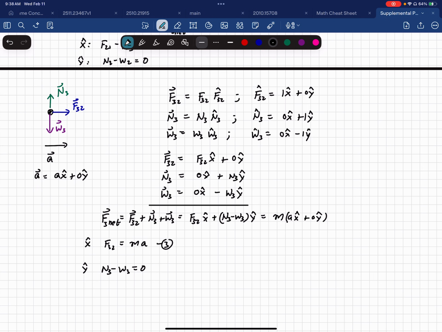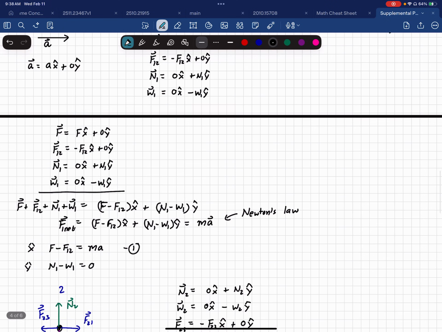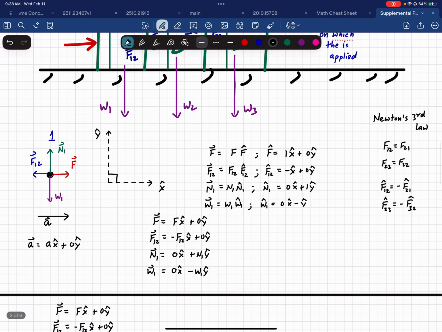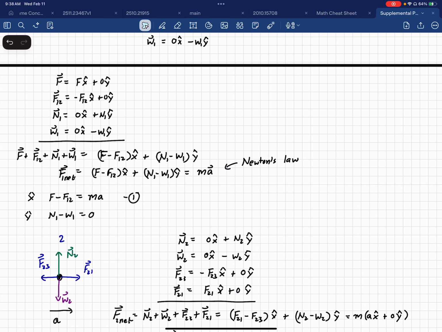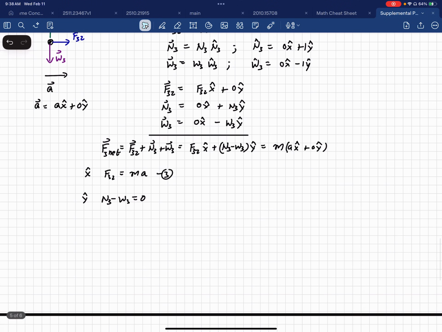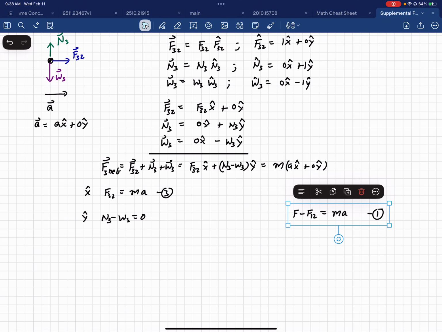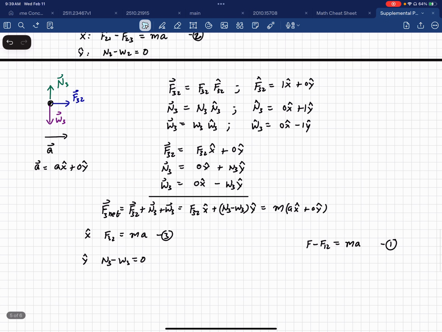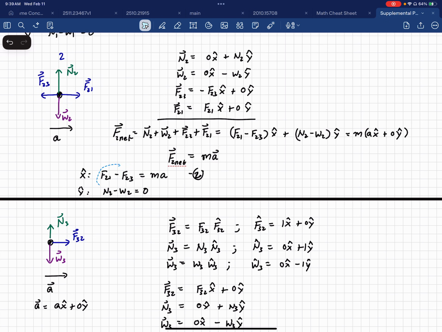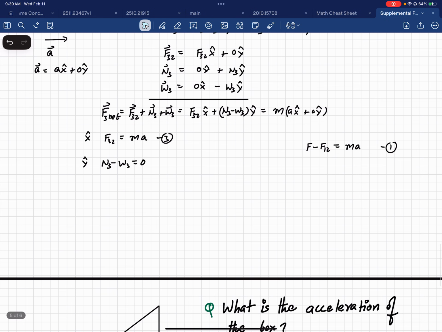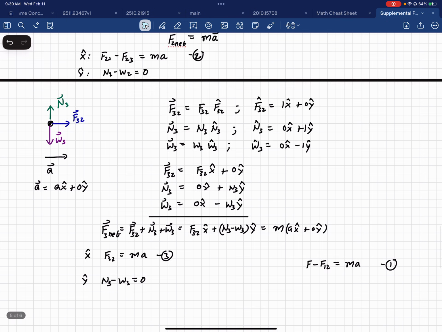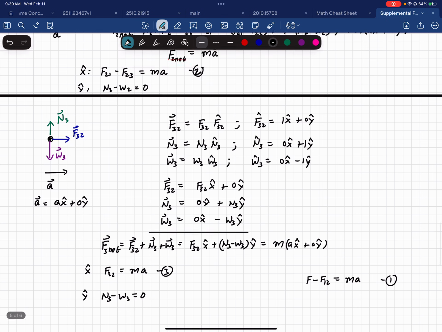Okay, now let's try to consolidate the first, second, and third equation. The first equation we got is this. Let's collect it. Then we have the second equation, this. Okay, let's repeat it.